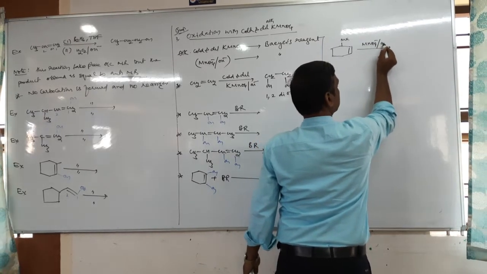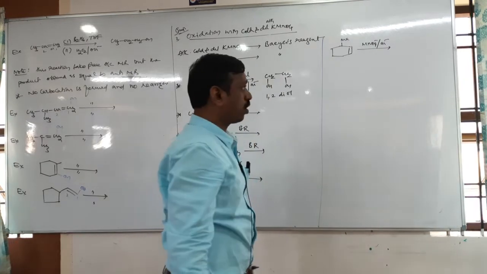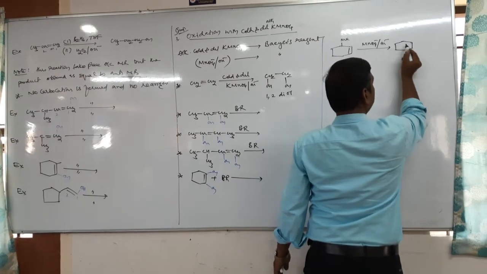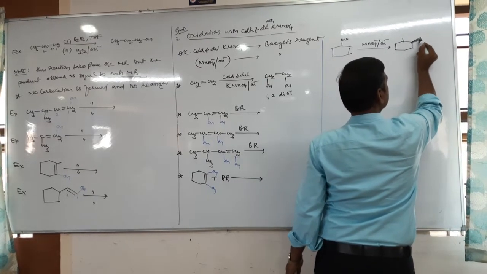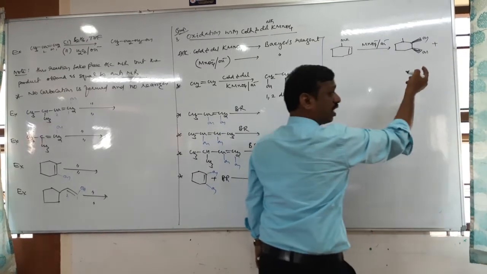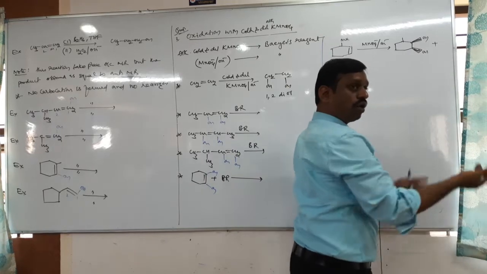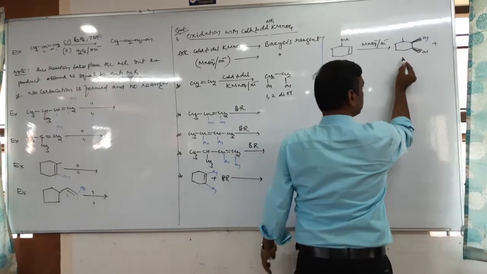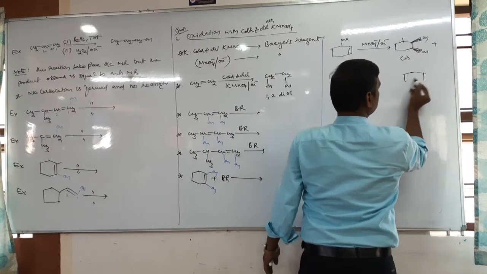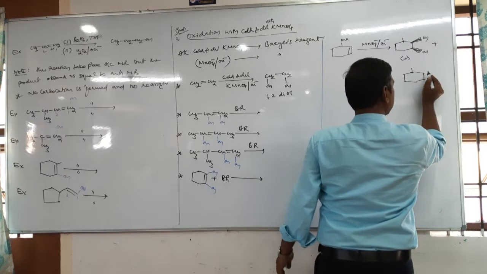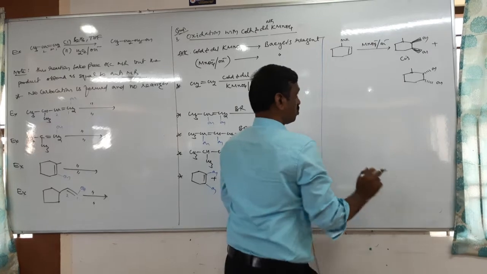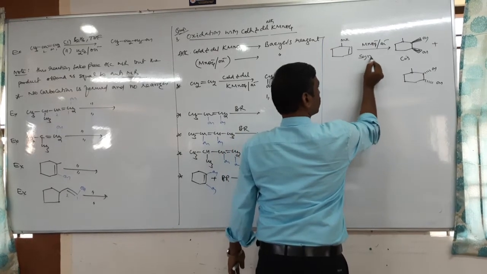MnO4 minus in basic medium. Then two OH groups are added, but on the same side of the double bond. It means you will get either two above the plane, which is called cis, no? Or else two OH groups are added below the plane. So therefore this kind of addition is called what? Syn addition.